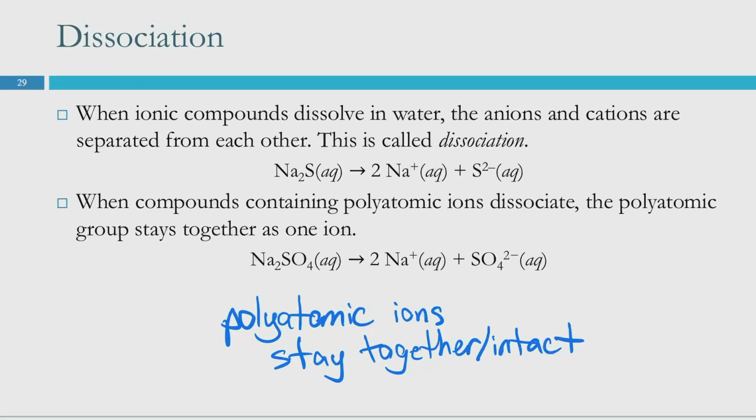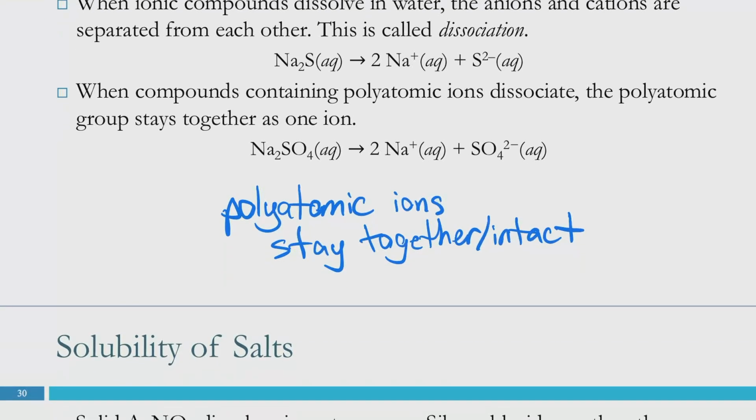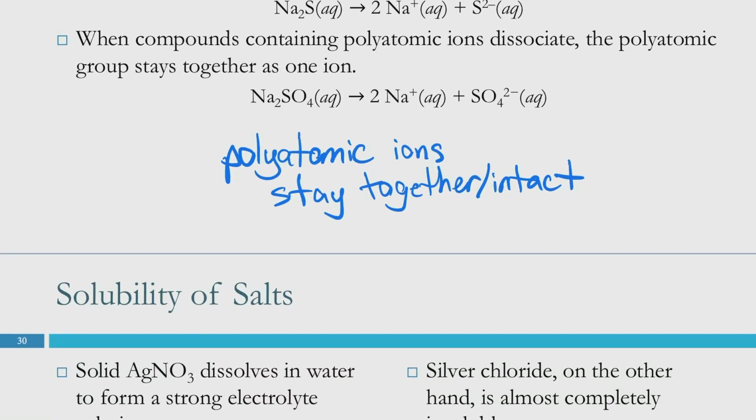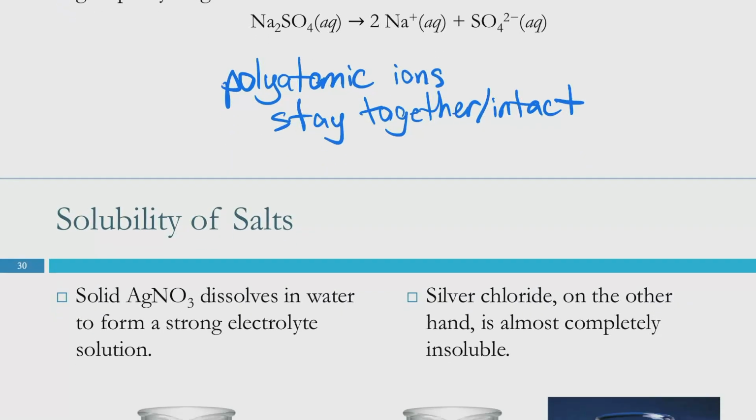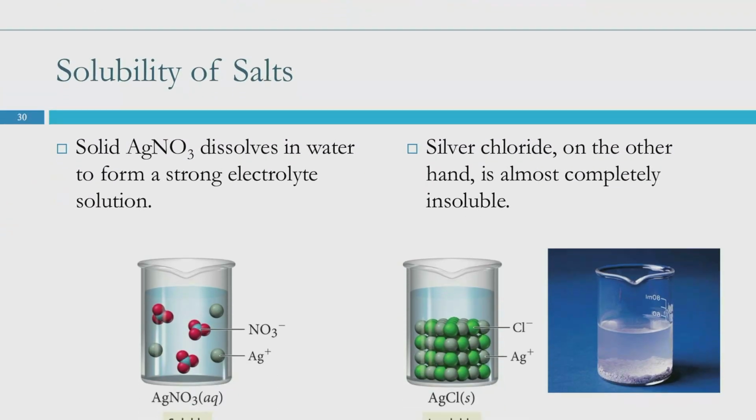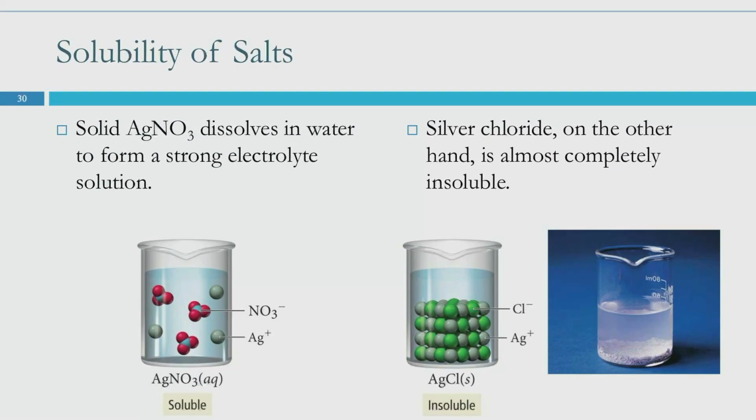Generally, though, if you see a polyatomic ion in a soluble ionic solution, assume that the polyatomic ion group stays together rather than breaking into sulfur and oxygen. For solubility of salts, salts just meaning ionic compounds.